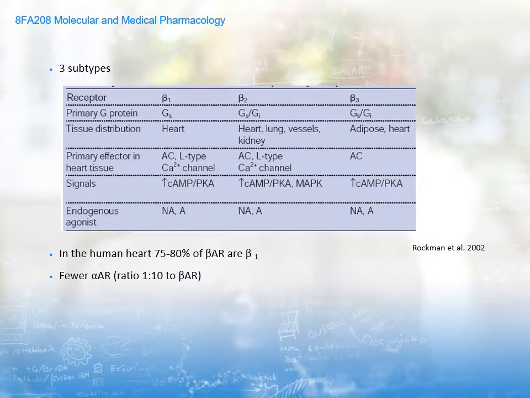In the human heart, essentially 75 to 80% of the beta-adrenergic receptors are of the beta-1 subtype. There are also alpha-adrenergic receptors in a ratio of 1 to 10 to the beta-adrenergic receptors in the heart, but I'm not going to be talking about them much more.